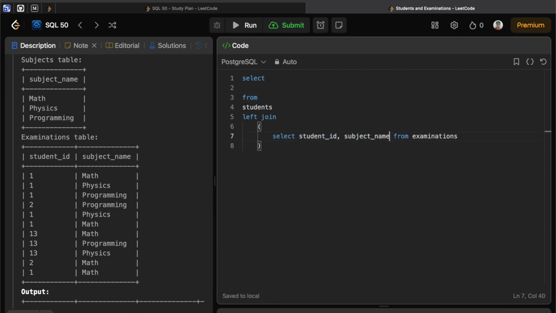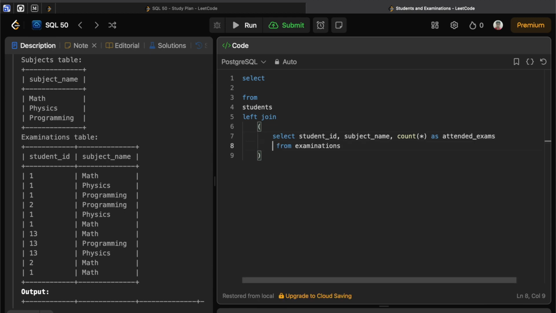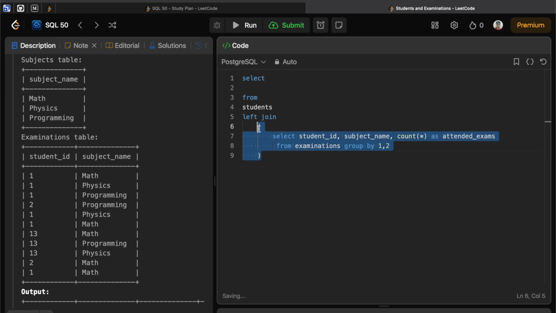So I can just take a count here as attended or something like that, from examinations, and I have to group by these two columns, right? Group by 1, 2 in this case. This subquery would basically give me the count for each combination of student and subject. And if I call this AGGT for aggregated table, I can use this to later join with students.